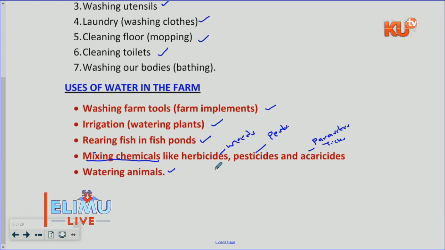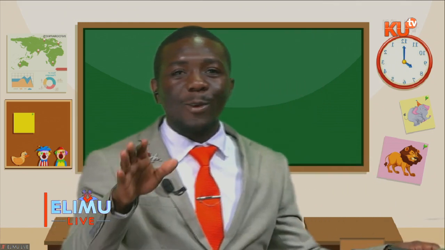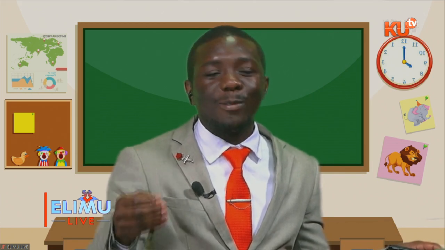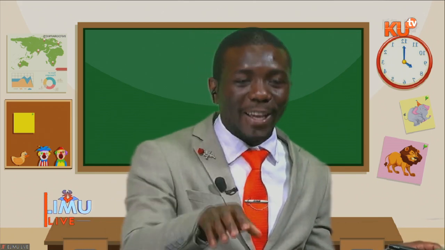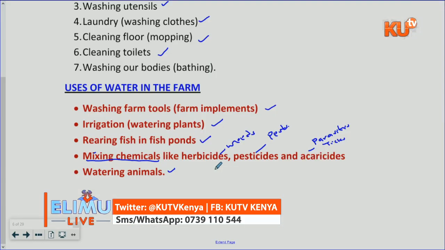That's why in class 5 they talked about the importance of water in a diet. It helps in digestion of food. Animals also need it, so in the farm, we use water for watering animals.